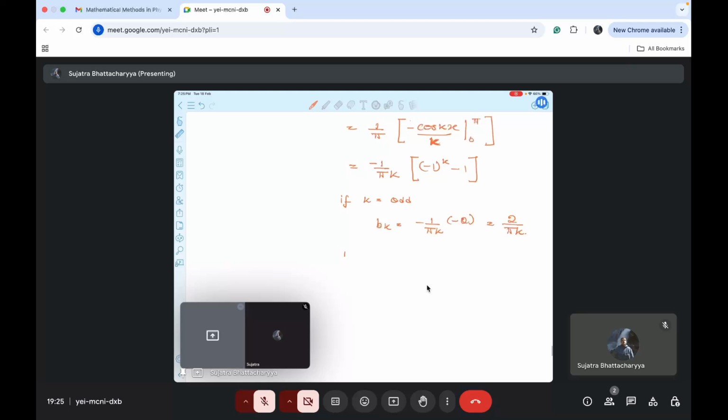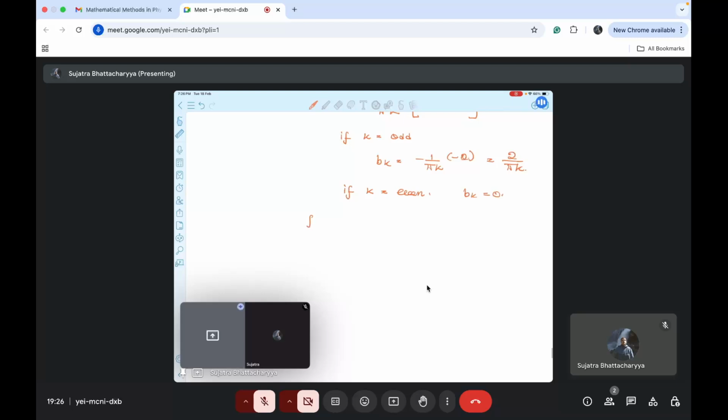Fine. Now, if k is even, then this will be simply 0, because minus 1 to the power even is positive. So therefore, b_k will be equal to 0.